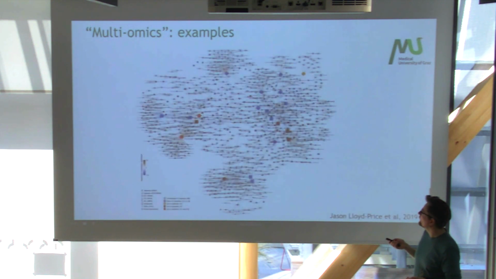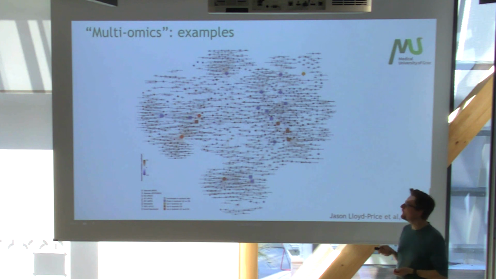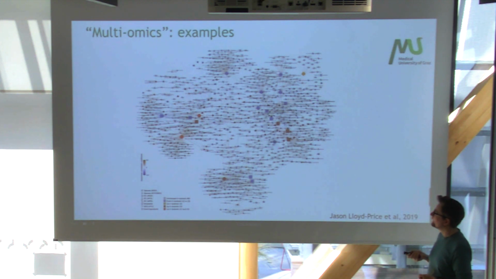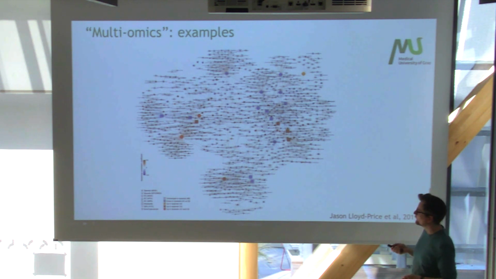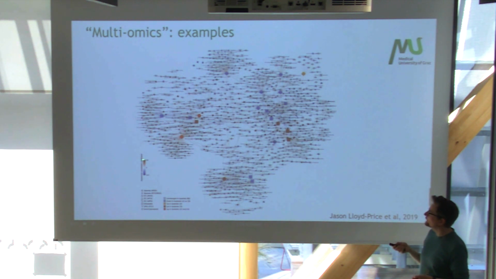In the end, we very often end up with such networks that are interesting to look at, but maybe not really helpful to understand at first glance. So you put all these different types of analysis in, color them differently through correlations, and then try to make some sense out of it in the end.